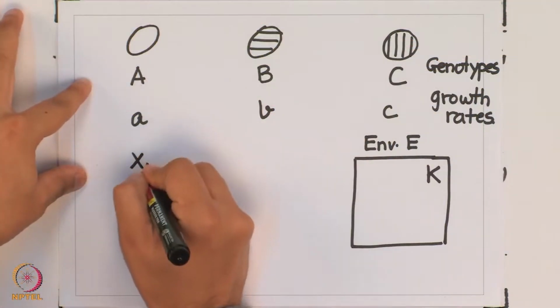but we will be dealing with the fraction of the population that belongs to genotype A, and we will call that quantity xa.